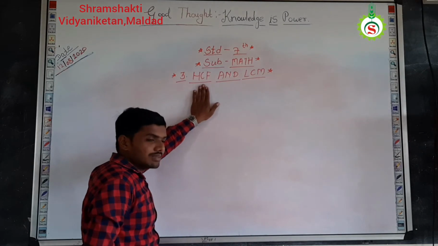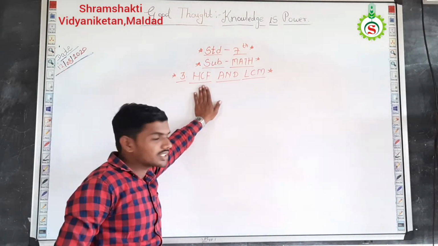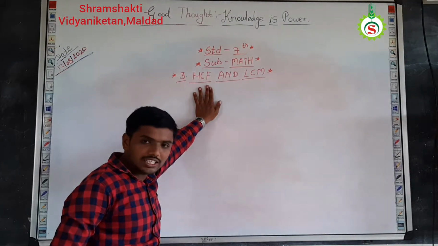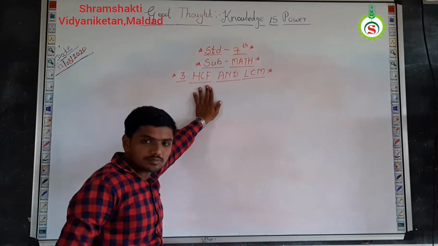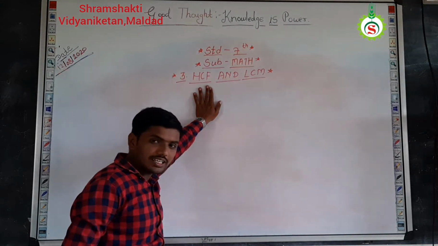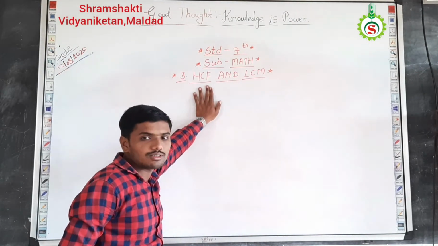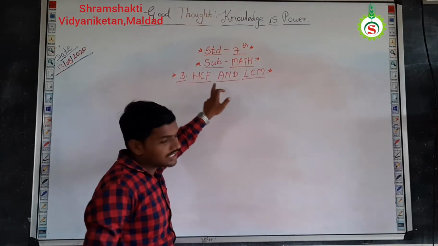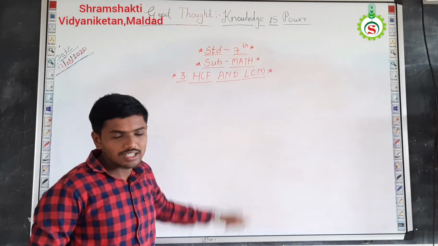So factorization method, all of you know. Factorization method means I have to first find the factors of all the given numbers, and then I have to find the common factors, and after finding the common factors, I have to take the multiplication, so that I will get the HCF of the given numbers.